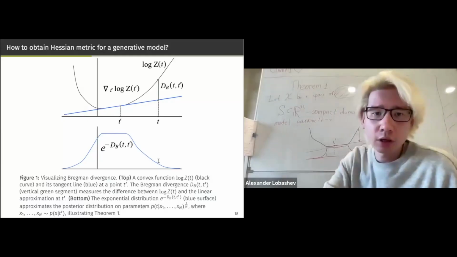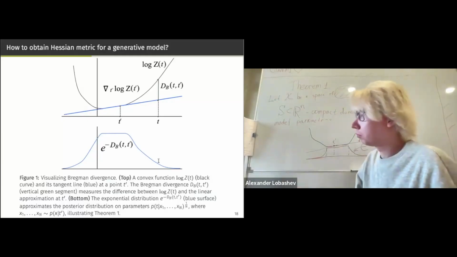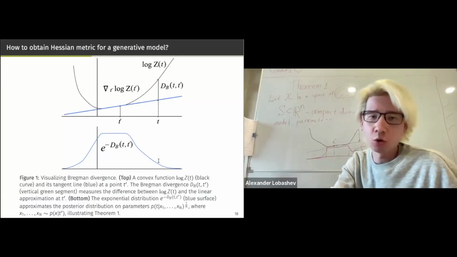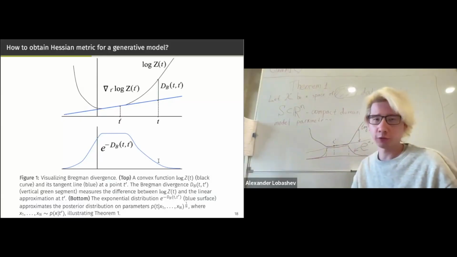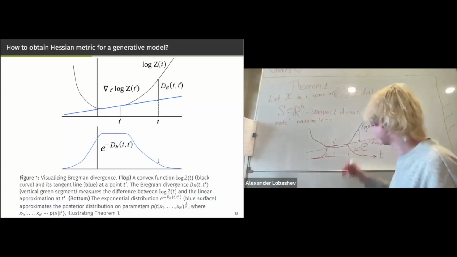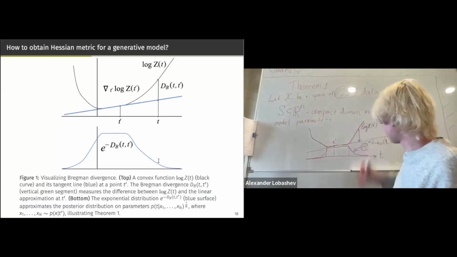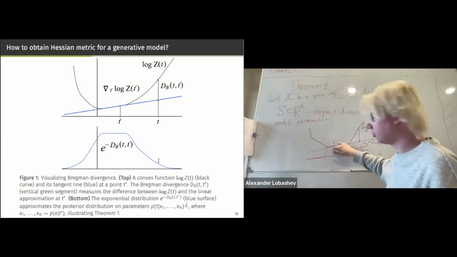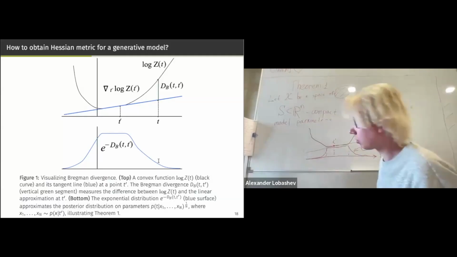So actually, the problem of finding a Hessian potential from samples could be reduced to the problem of reconstructing a convex function from a set of its tangent lines.